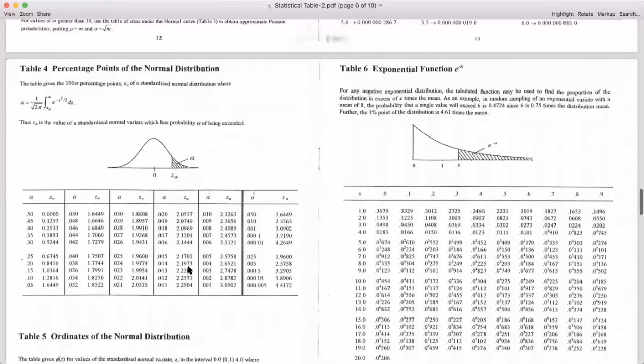So you look for 10% here, it's over here: 1.2816.